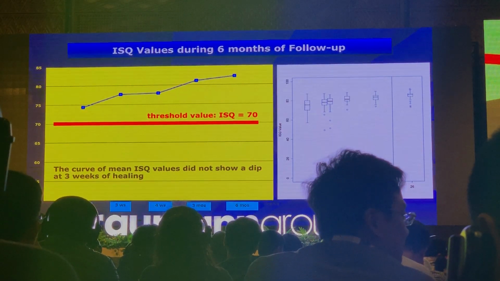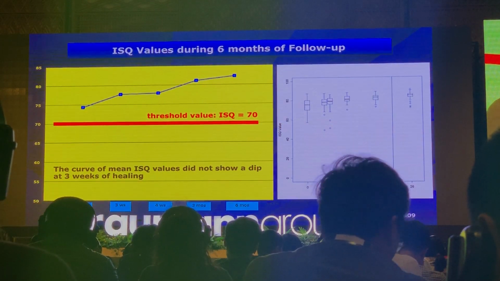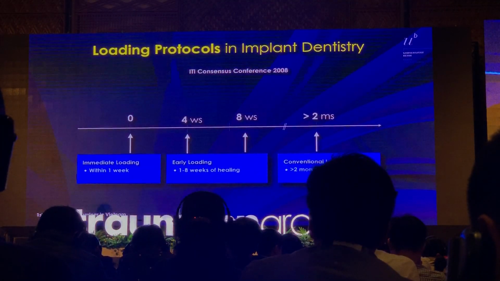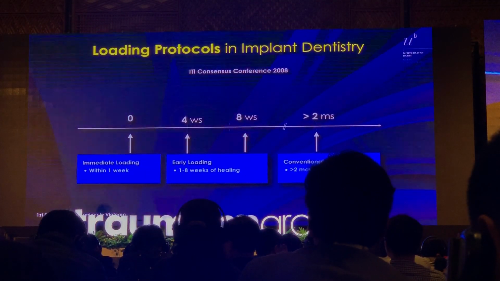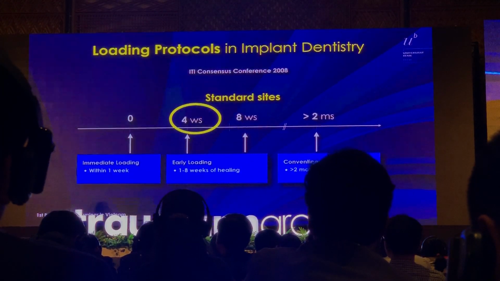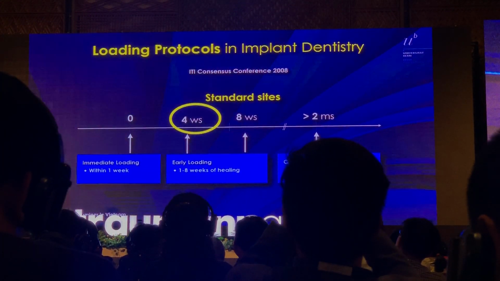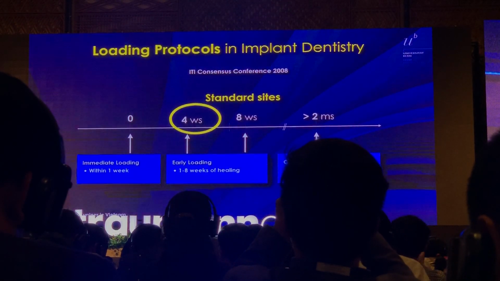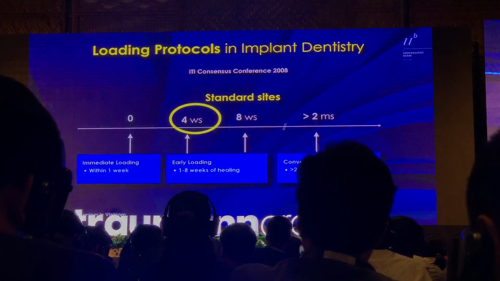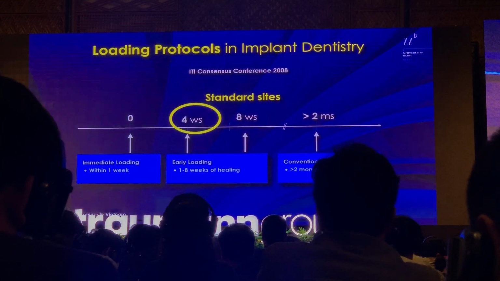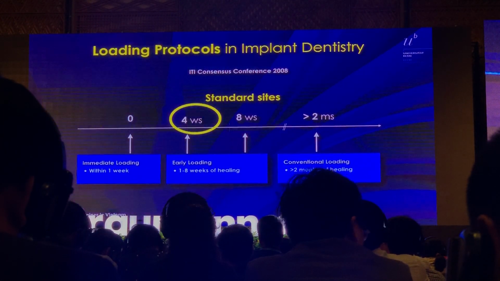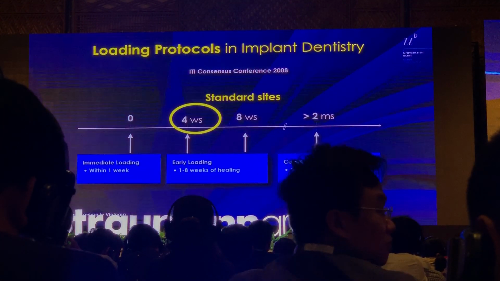There might be other values for other brands, I don't know. Looking at our local protocols, in standard sites, posterior, no bone grafting, 4 weeks is today our standard healing period, in more than 90%. We can use 4 weeks of healing, which is very attractive to patients, very quick.